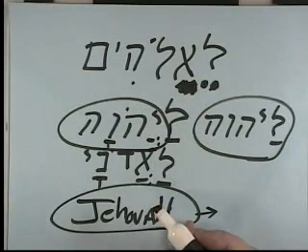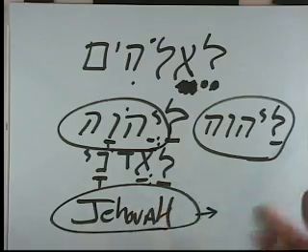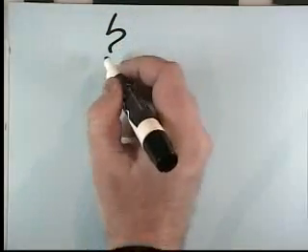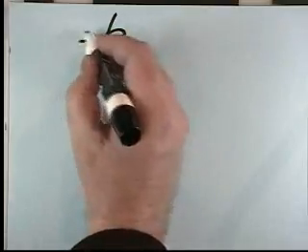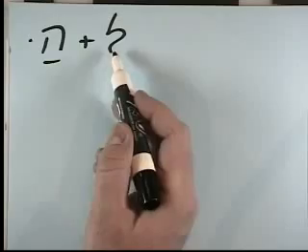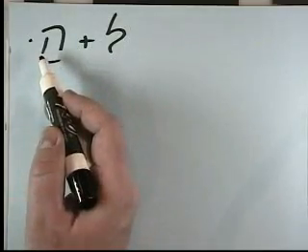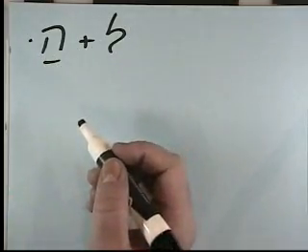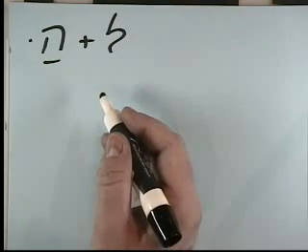So let's take a look at the last item we have to deal with as far as the inseparable preposition, and this is the inseparable preposition before the article. Whenever you have the inseparable preposition added to the article, Hebrew at times will drop out a hey when it's between two vowels.